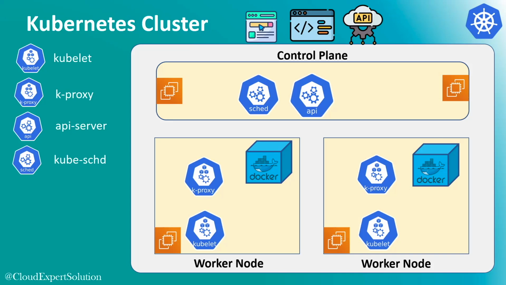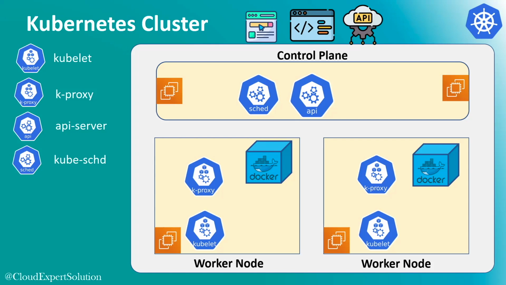Next, there is another process running called Kubernetes scheduler. Kubernetes scheduler manages the placement of new containers inside the pod based on the hardware, software, policy constraint, affinity, anti-affinity specification, and data locality. It manages everything, and based on all those parameters and constraints, Kubernetes scheduler places those containers inside worker nodes.